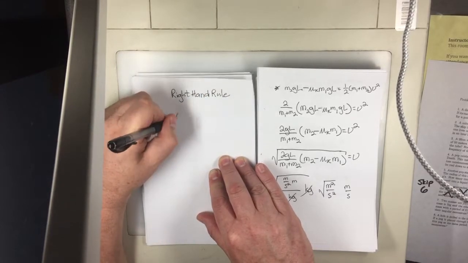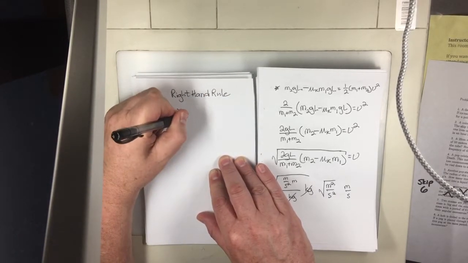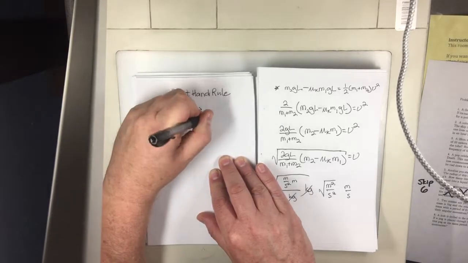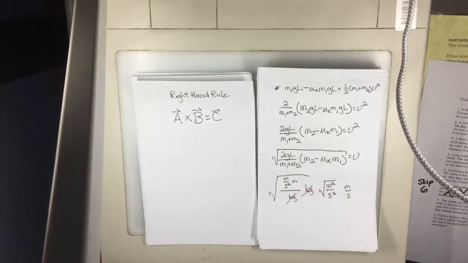Now really what we're doing is we're taking two vectors and we're doing, in math terms, what's called a cross product. I'm going to say it in math. I know you guys are going to look at me and go, what?